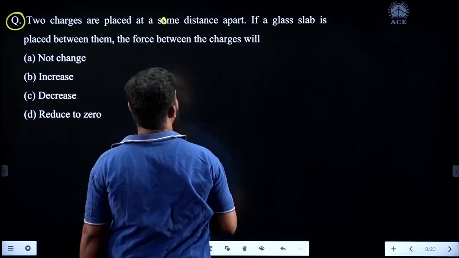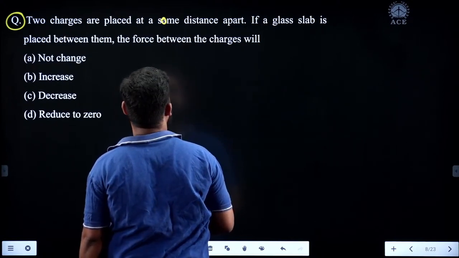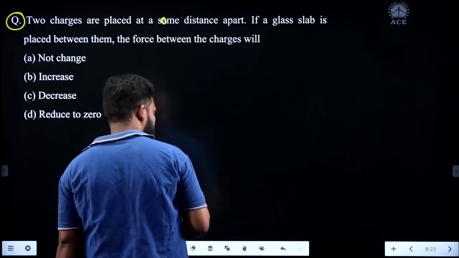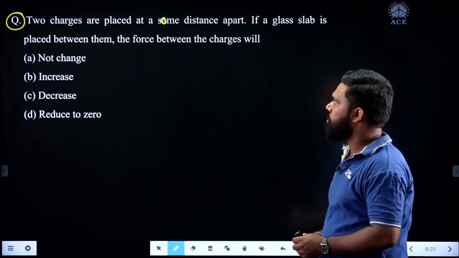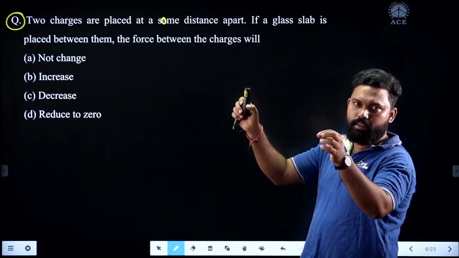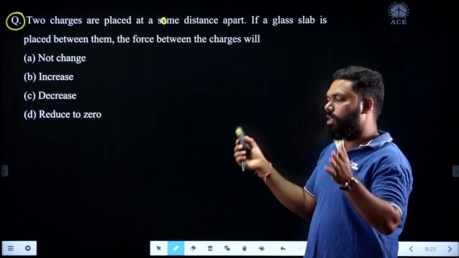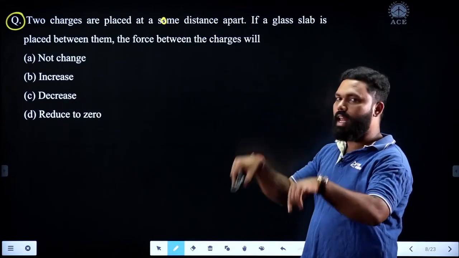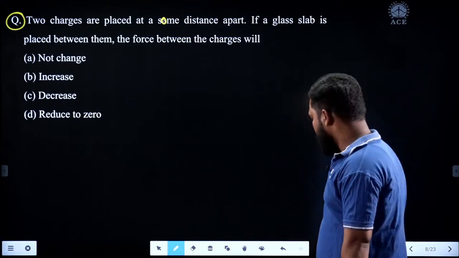If a glass slab is placed between them, what happens to the force between the charges? There are two charges, so you have to assume those two charges to be in the air. Now between those charges, we are introducing glass. What happens? Any answers?